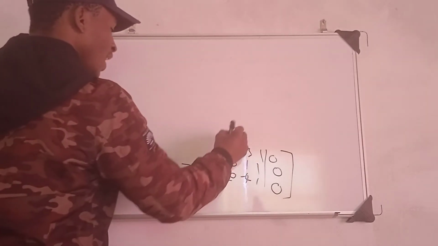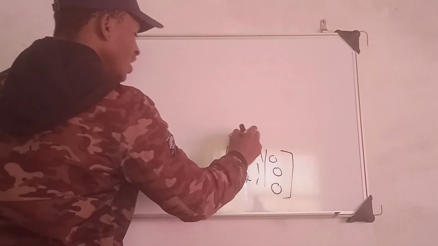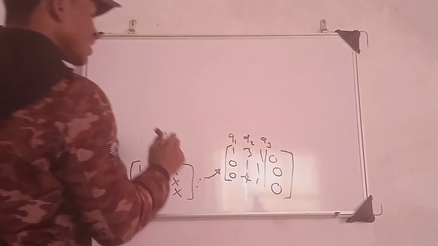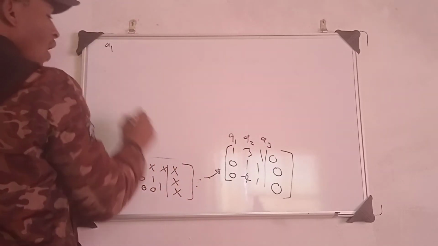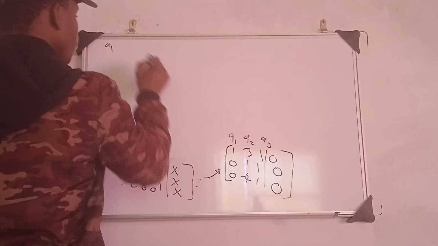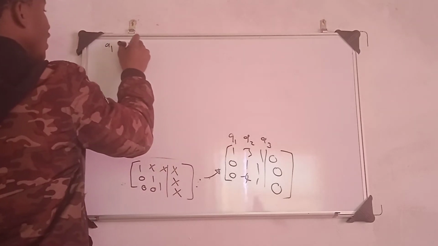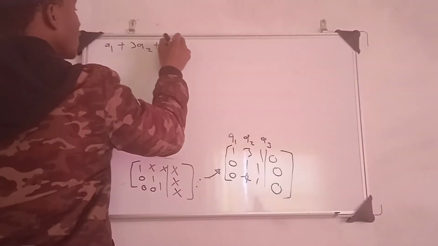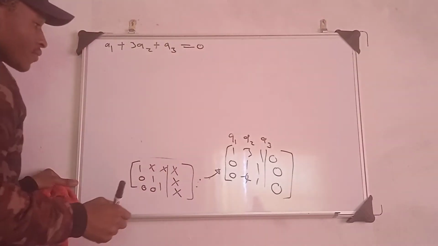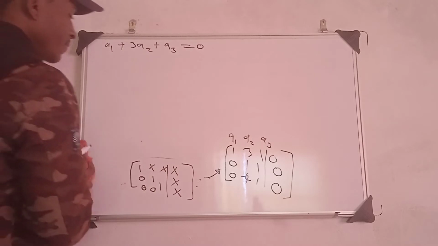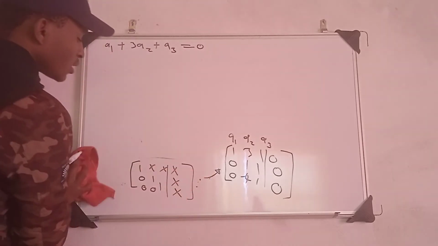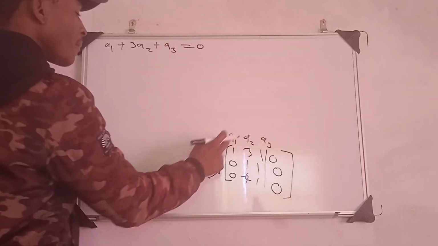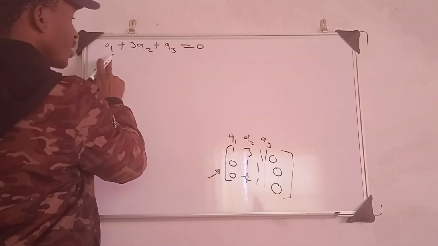I can just multiply because here I'm having scalar A1, scalar A2, and a scalar A3. So if I multiply by this scalar, I'm going to get A1, A times this one, and 3A2 plus A3, it will be 0. Even on the second scalar, since it's on a row echelon form, if I multiply this and this one, I'm getting 0 here.